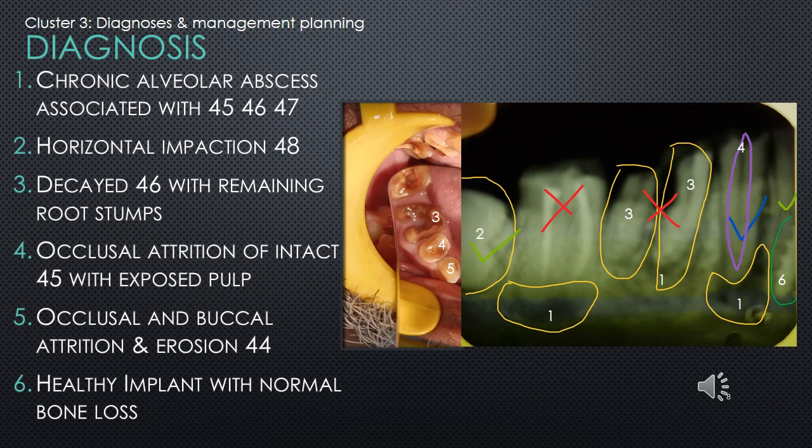Number 2 is horizontal impaction of tooth number 48. Number 3 is decayed tooth number 46 with remaining root stumps. Number 4 is occlusal attrition of tooth number 45 with pulp exposure. Number 5 is occlusal attrition and buccal abrasion of tooth number 44. And number 6 is a healthy implant with no superstructure.